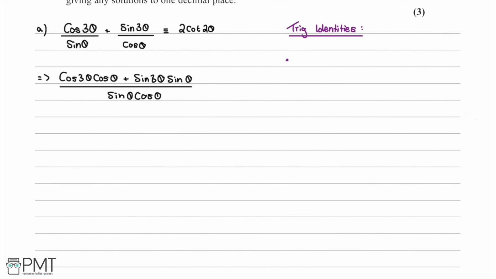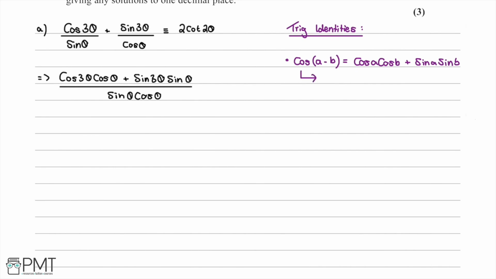We know that cos of a minus b is equal to cos a cos b plus sine a sine b. This right hand side, cos a cos b plus sine a sine b, is what we have here on the numerator.